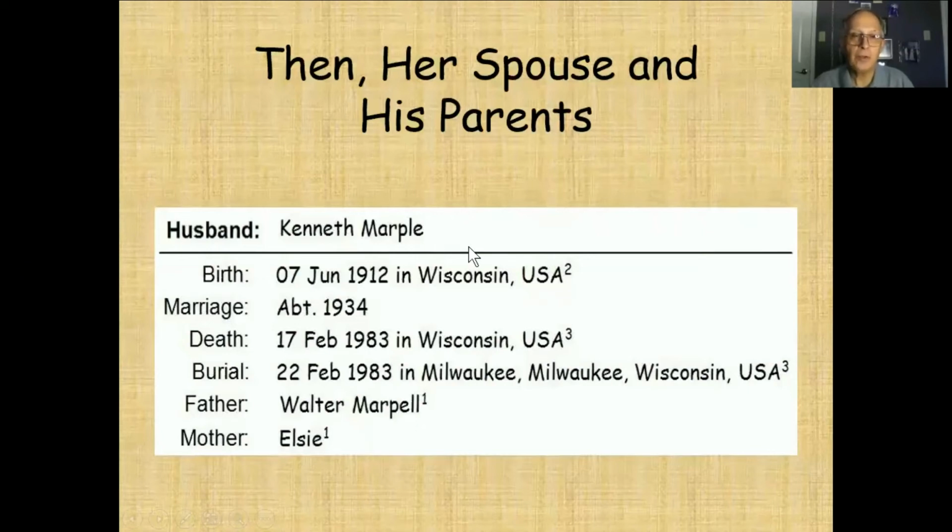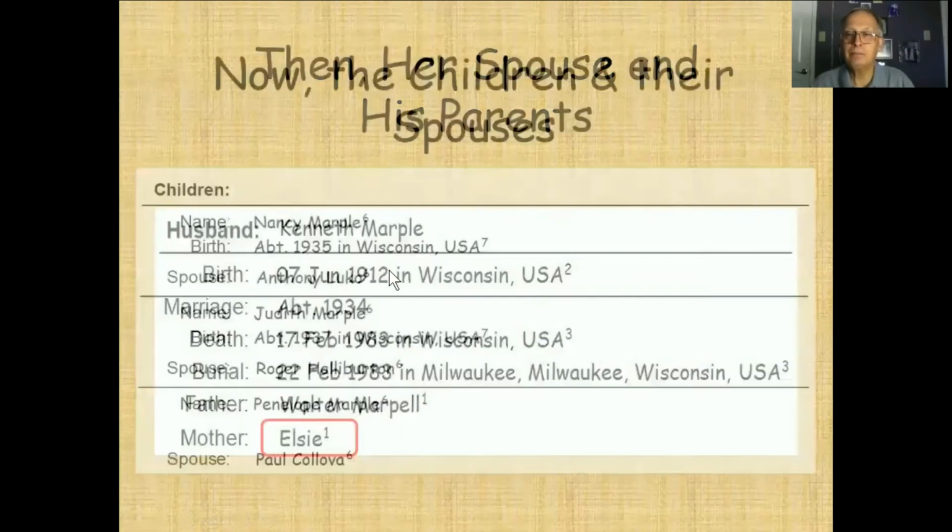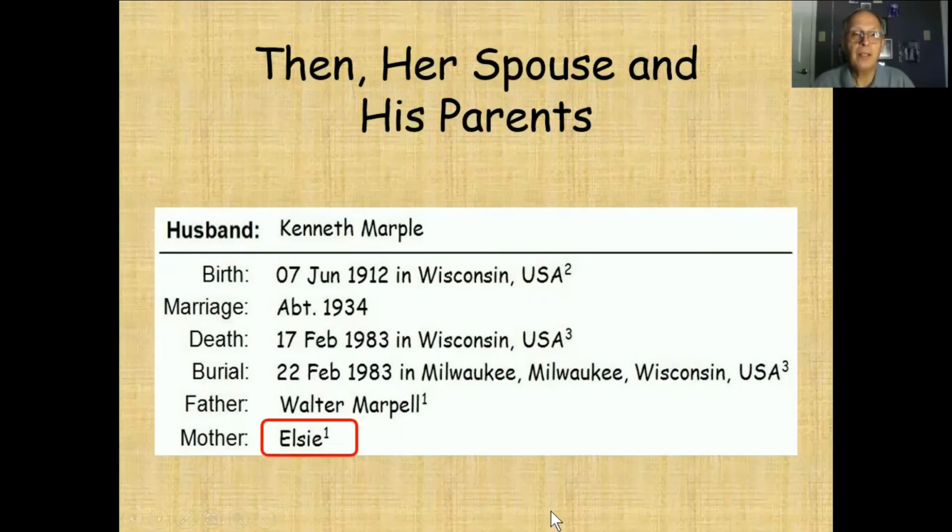And I noticed the marriage. I probably estimated his marriage date based on the birth of the first children, and I put about in front of it so that we know it's a guess.